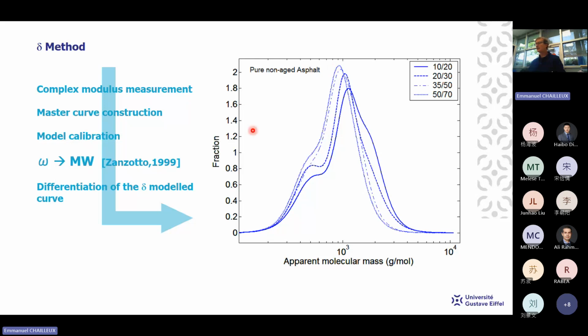So we rank our binders according to the consistency measured by the penetrability. So it's a good thing.